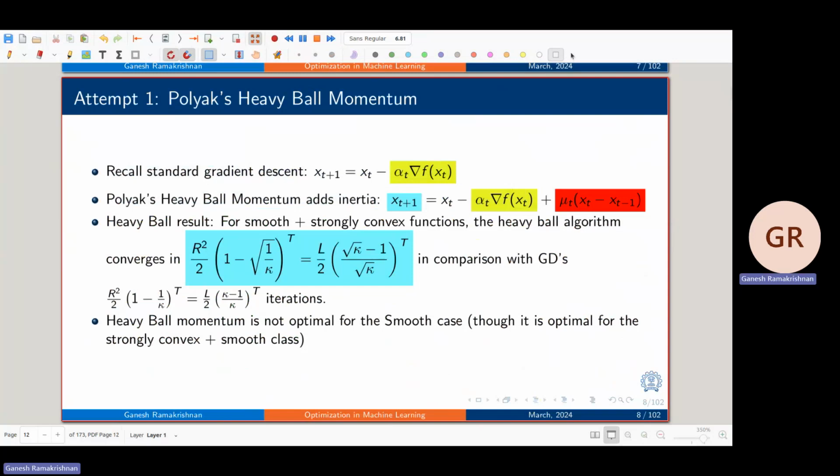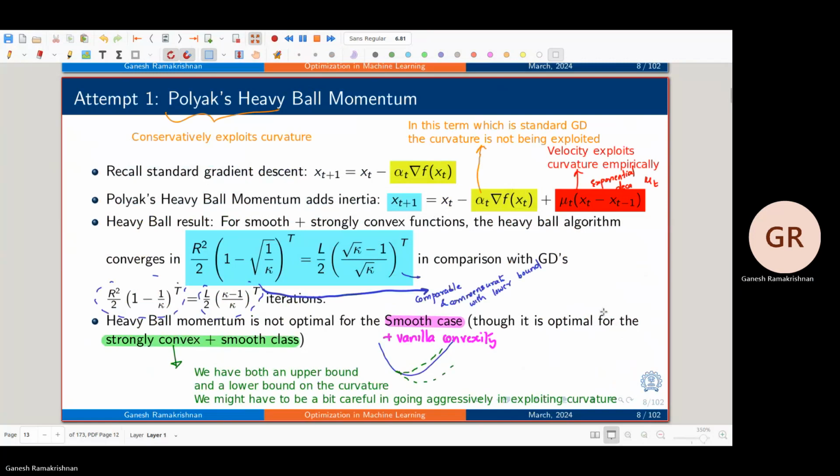This is for smooth and strongly convex functions. That's important to note. But if it's only smooth, it doesn't help at all. So it's commensurate with the lower bound, and there's not much you can do. By the way, this also matches the lower bound. That's important.